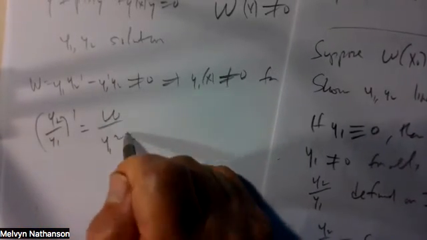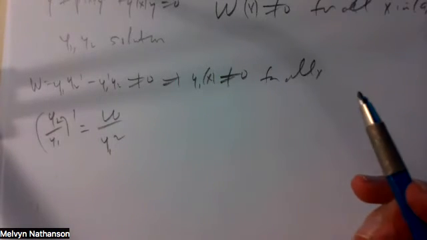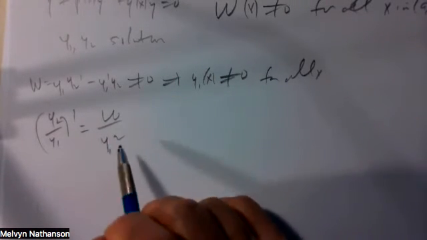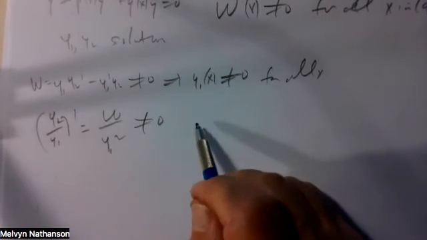and what do we know? Well, we just did a calculation. We just calculated y2 over y1 prime is equal to W over y1 squared. And on a subinterval where y1 is not 0 and the Wronskian is non-zero, this is not equal to 0.